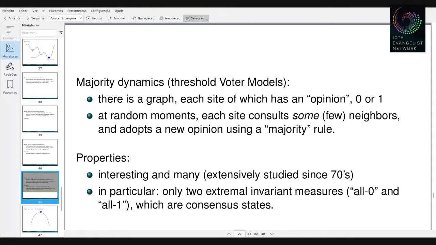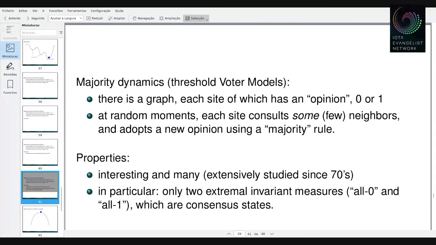The property that is particularly interesting for us is that the models of this class only have two so-called extremal invariant measures. I will not explain what extremal means; it's some linear algebra and convex analysis. But anyway, they have two important invariant measures.